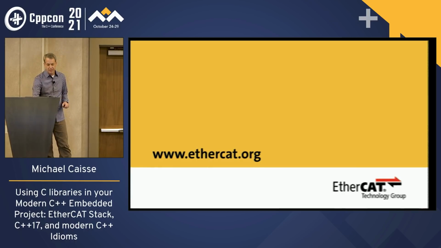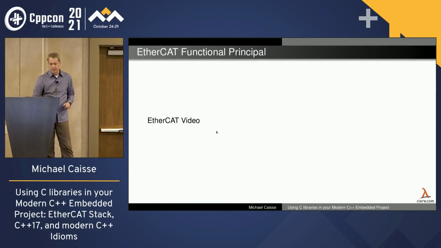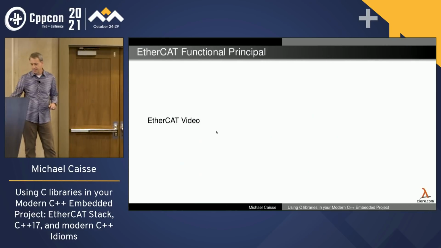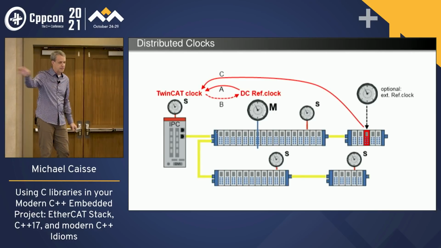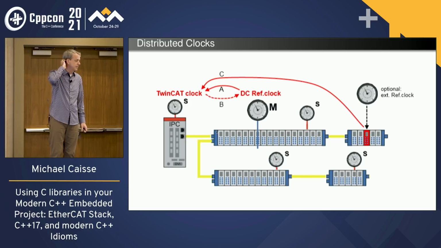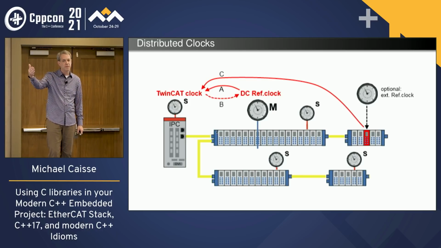And so cycle times are usually measured in about 100 microseconds for a cycle. So that's about the range of a cycle. But the other part of the problem is, how are we going to synchronize all the clocks?